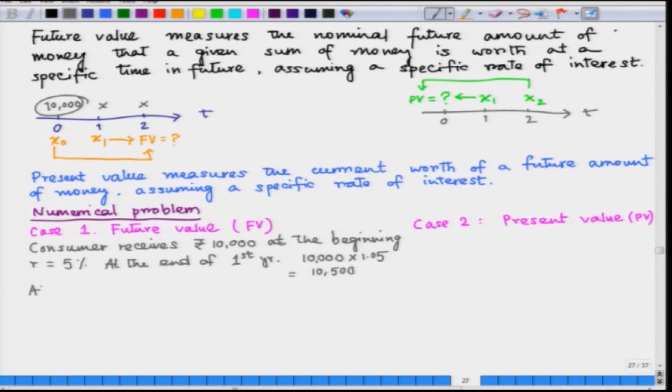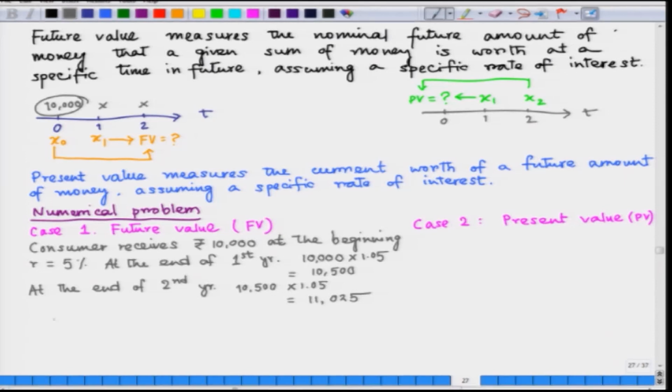Now, this money he can reinvest with the bank. In that case, at the end of second year, he will receive, and the amount is.